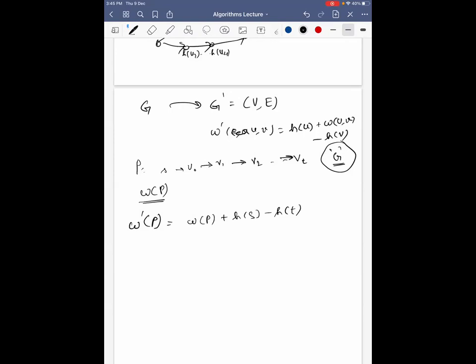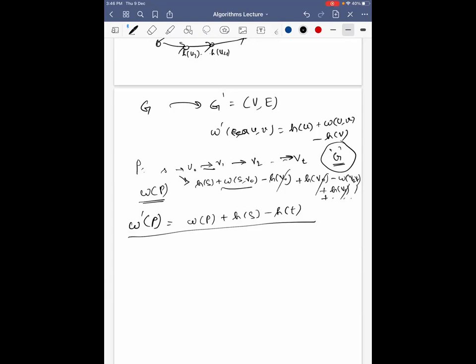Is this clear to everyone? How come we got this result? It's basically a telescoping sum. What will be the weight of this edge in G prime? It will be HS plus the weight of SV0 minus HV0. The weight of this edge would be HV0 minus the weight of V0, V1 plus the weight of V1, and so on and so forth. So this gets cancelled out.